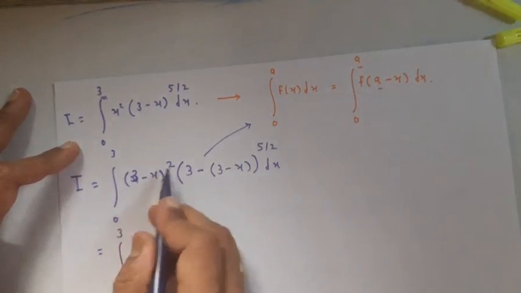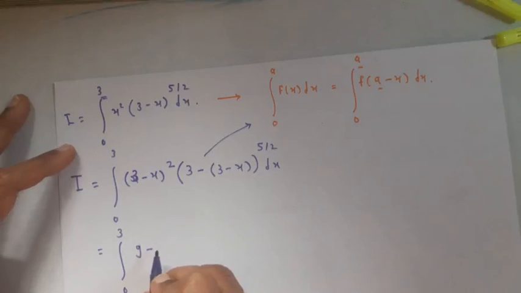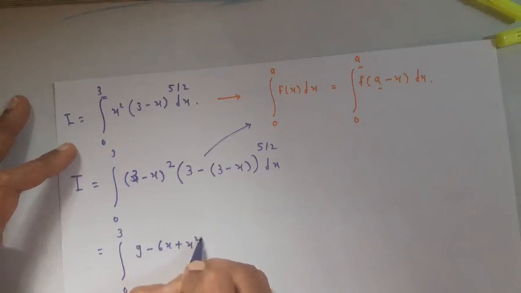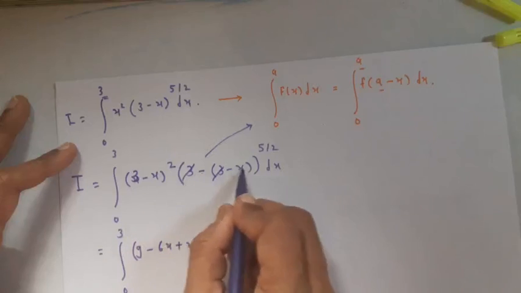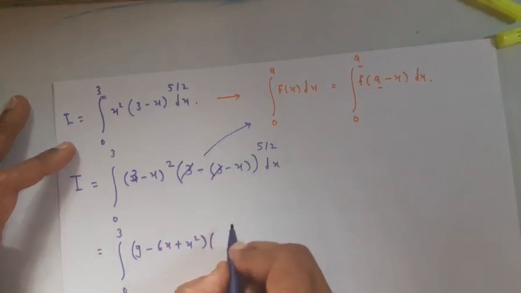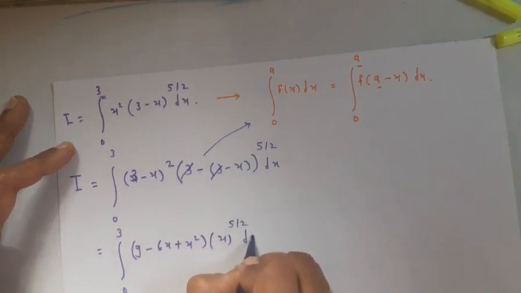Okay, and this is 0 to 3, 3 minus x whole square is 9 minus 6x plus x square. These 3 get cancelled, minus minus becomes plus, and this is x raised to 5 by 2 with respect to x.